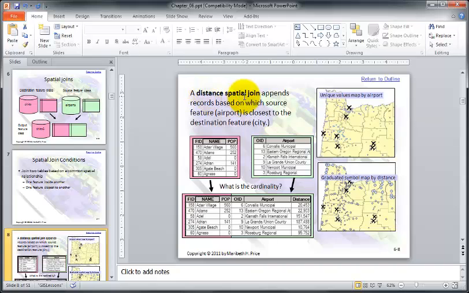A distance spatial join appends a record based on which source feature, airport, is closest to the destination feature, city. Meaning which airport is closest to the city, judging by distance.